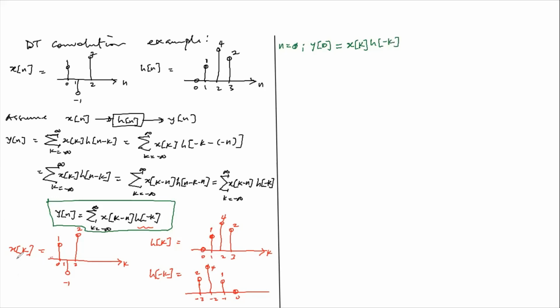Now we already have x of k here. So if we redraw this, we're going to have something like this. We already have this is 1, this is 2, this is minus 1, this is 0, and this is k. Okay, so this is going to multiply the time scaled function.